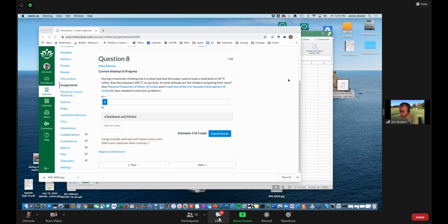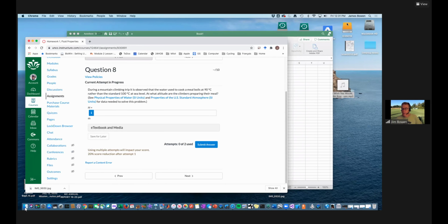So first, what we've got to do is pull out our textbook, either the digital or I've actually got a hard copy of it. And we're going to go to physical properties of water, SI units. That's table B2. And I think you're still going to have to interpolate the other table to find the elevation.